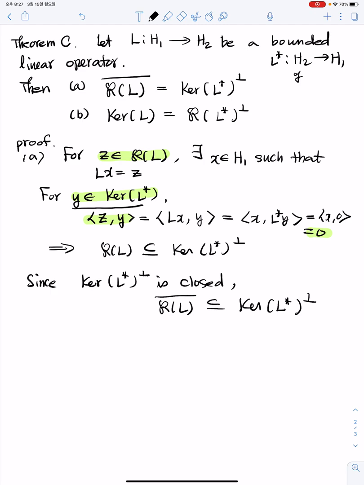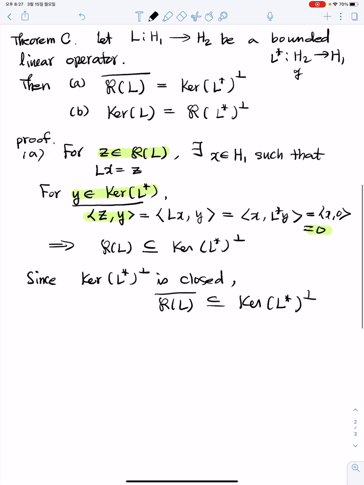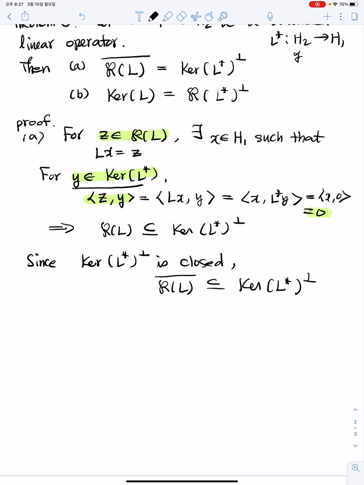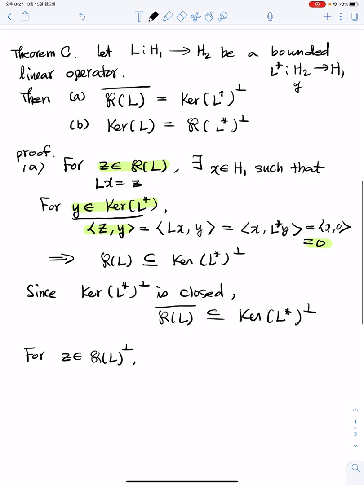Okay. So on the other hand, let's now take Z in the range of L orthogonal. So the range of L is in H2.